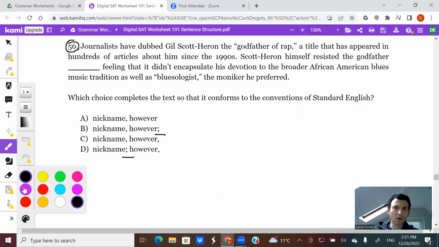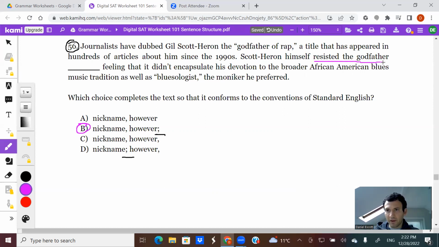Okay, so here's the deal. This one, I'm just going to give you the answer first. It's going to be B. The reason why it's going to be B is he resisted the nickname Godfather of Rap. And then we further explain how he resisted it. He actually preferred bluesologist. So instead of being a contrast, it's a further clarification of what you just meant.